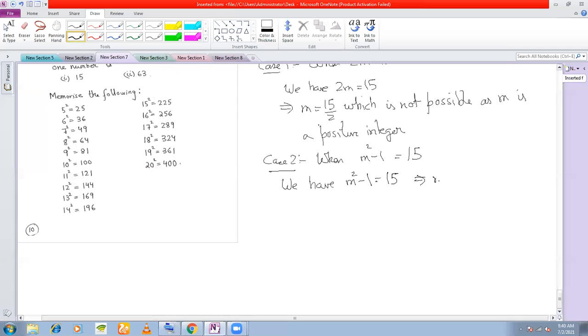That means m squared is equal to 15 plus 1. That means m squared is equal to 16. That means m is equal to square root of 16, which is equal to 4, right? So therefore we have got the value of m.